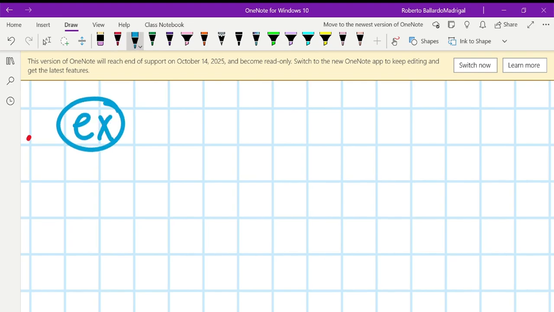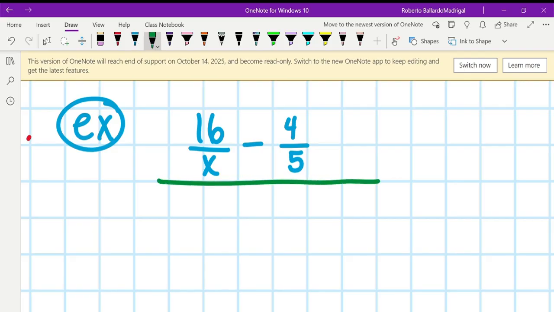Let's write this down. 16 over x minus 4 over 5, divided by, can you see that? Yeah. Divided by 4 over x squared plus 25 over x.